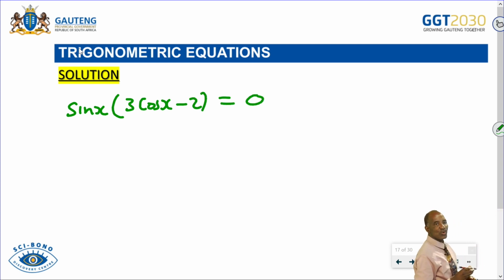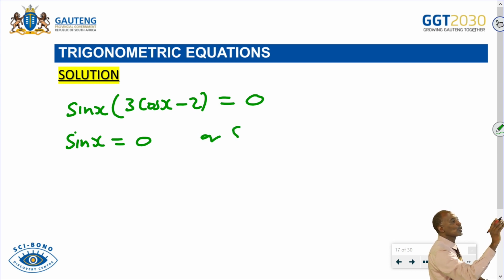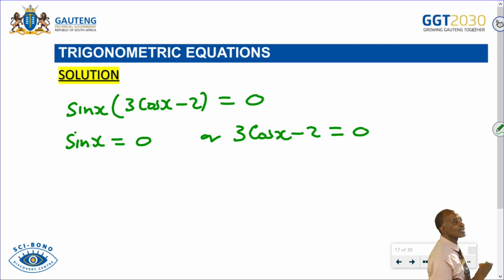Apparently there are two functions this time. We separate: either sine x is 0 or 3 cos of x minus 2 equals 0. Then we take one at a time. We solve for x here. We are going to go back to our quadrants.